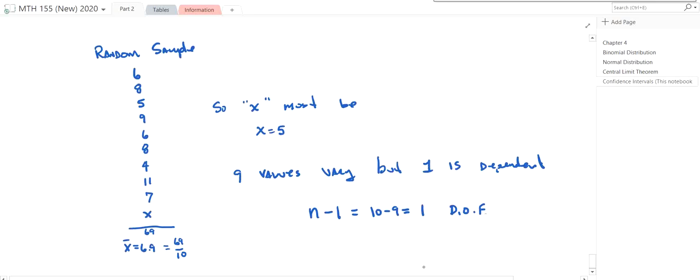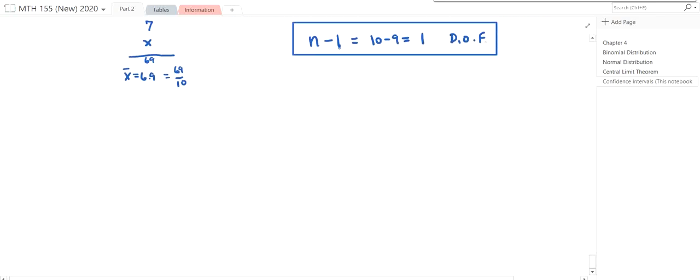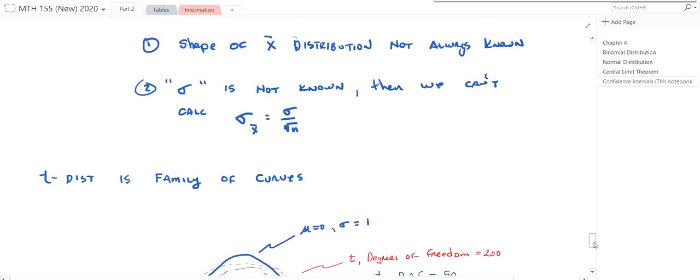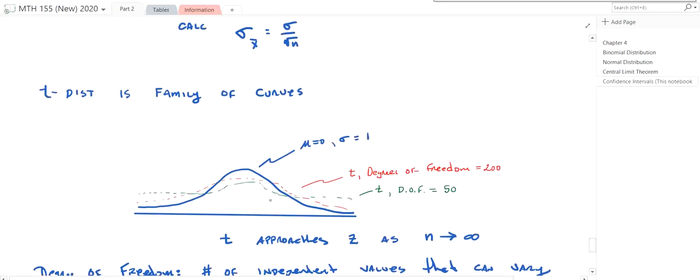So you'll never have to really put in a lot of effort to calculate that. You just always know that the degrees of freedom are n minus 1. That's important because we need to know this value in order to decide which t-curve we're going to use. Because as you recall up here, our t-curves change, although they're normal shaped.